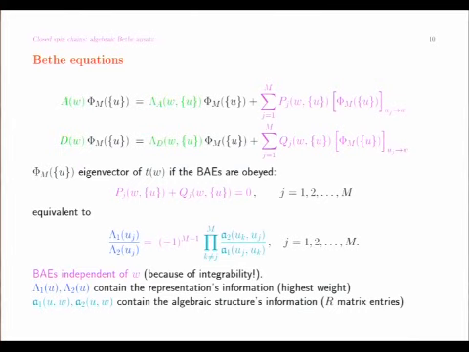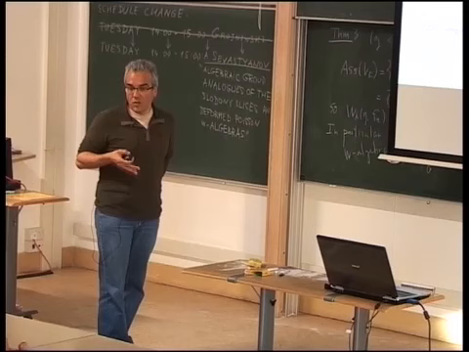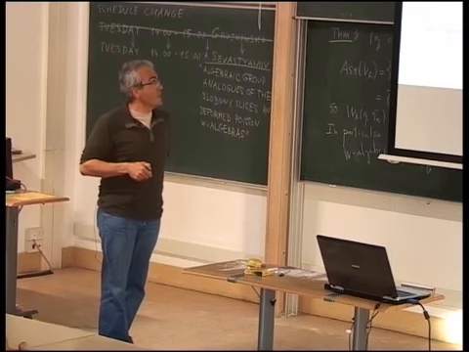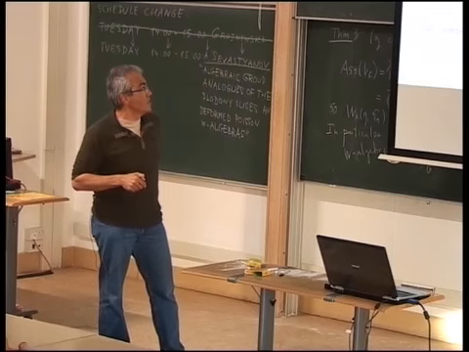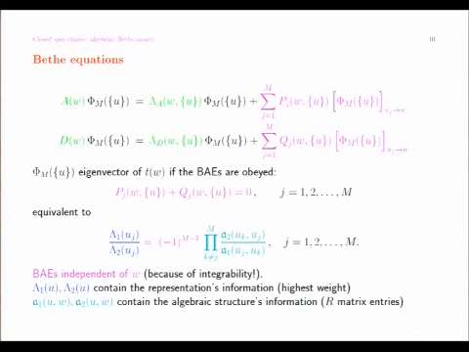And W, which was coming from A and D, disappears, which shows you that you have an eigenvector common to all the transfer matrices, whatever W is. Then you have this part which is just the ratio of entries of the R matrix, so it comes only from the algebraic part, and this part comes from the action of A and D on the reference state. So it's linked to the representation you started with.